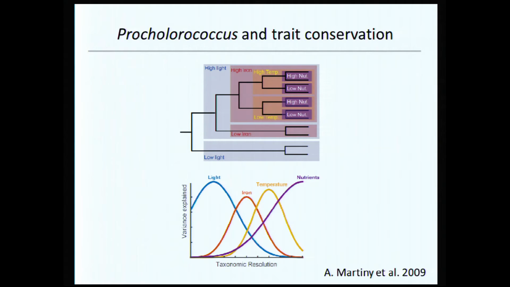But if he clustered those OTUs, those taxonomic units, at a broader and broader level, eventually he got to the place where none of the other environmental characteristics could explain compositional variation except for light, which happens to be the trait that differs across the clades at that level.